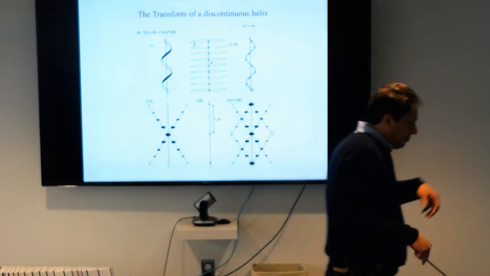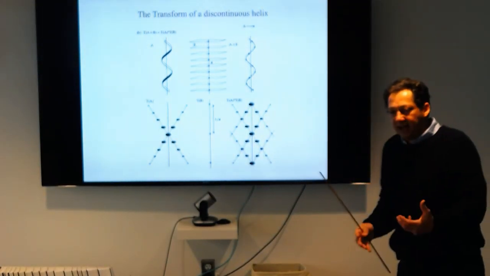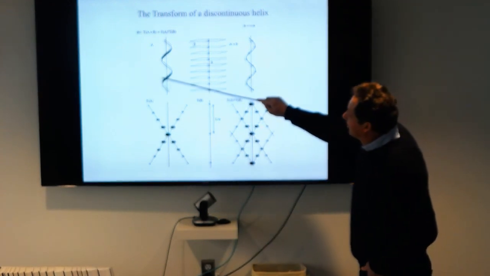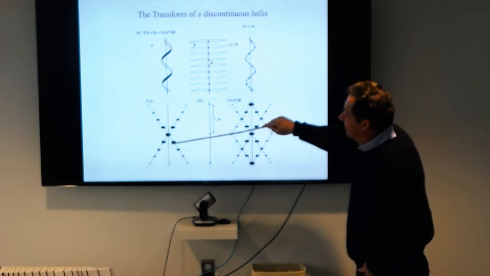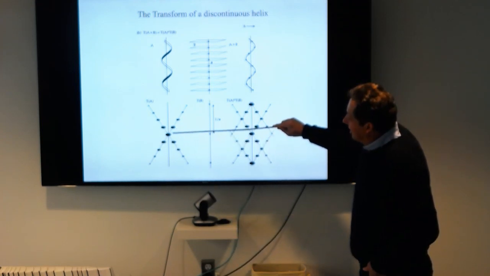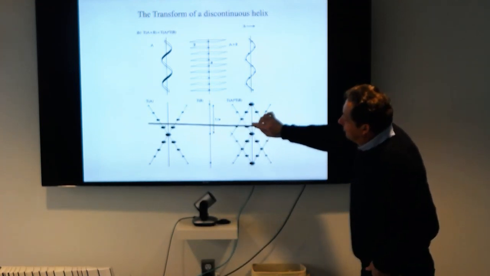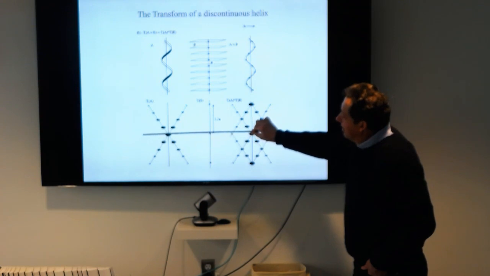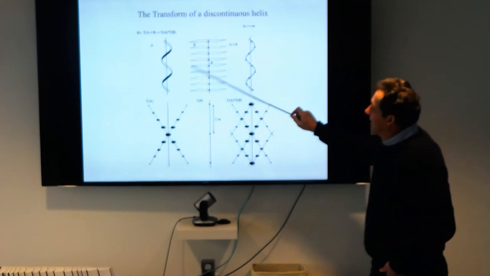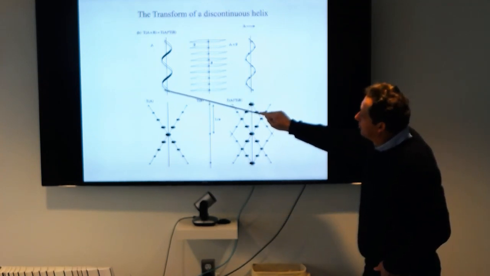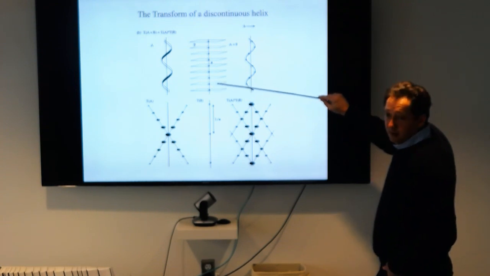So now let's see something more complicated. We don't have just an ideal helix, but a helix of atoms. So this is your continuous helix in real space, and in Fourier space, this is what you have: a series of planes or lines that we're going to call layer lines. But let's say now that I have an ideal atom separated by this distance.